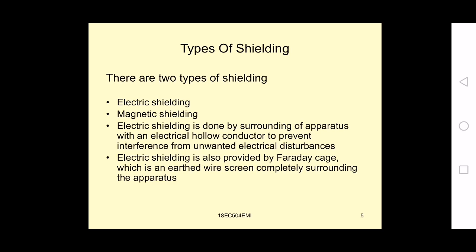This electrical shielding is also provided by one more method. The first method is putting the apparatus in an electrical hollow conductor.